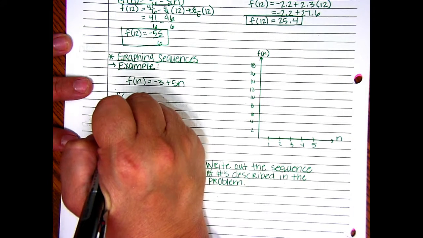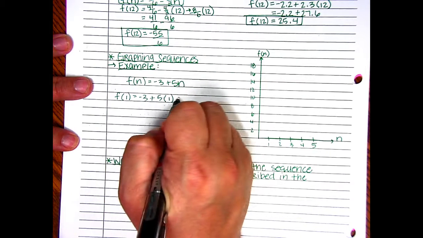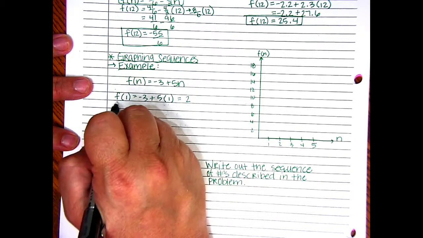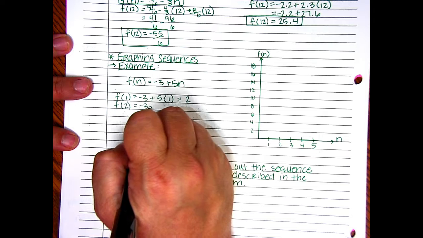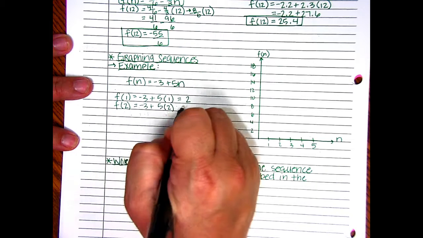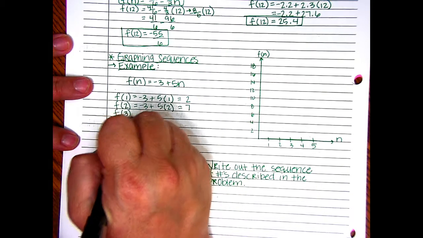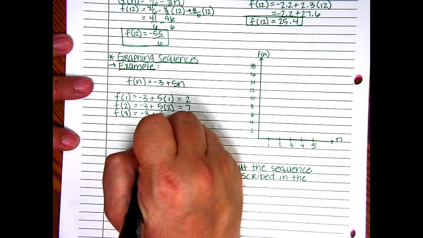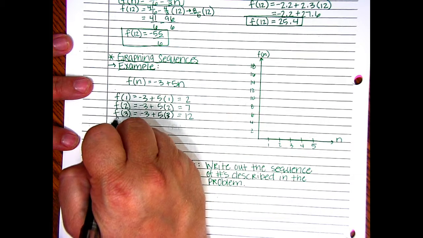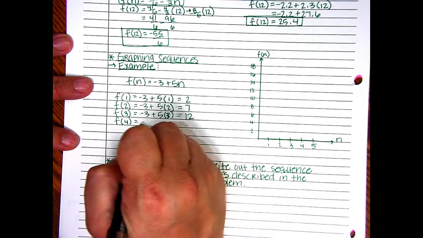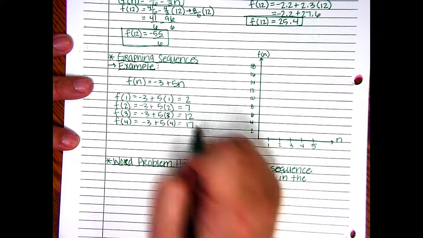So we'll say f of 1 is negative 3 plus 5 times 1, which is going to give us 2. f of 2 is negative 3 plus 5 times 2, which is 7. f of 3, negative 3 plus 5 times 3, which is 12. f of 4 is negative 3 plus 5 times 4, which is 17.